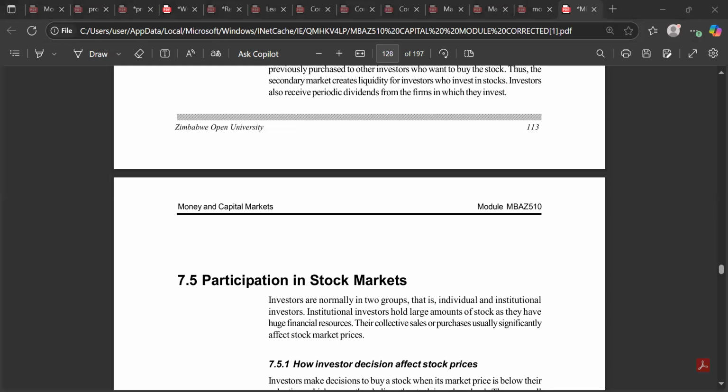Okay. Investor participation and stock price dynamics. So when it comes to investments, you have two categories of investors: institutional investors and individual investors. Institutional investors can be your banks, pension funds, insurance companies, and so on. Individual investors are private investors who often have lower capital and lower market influence.